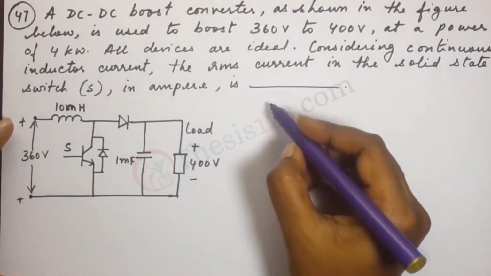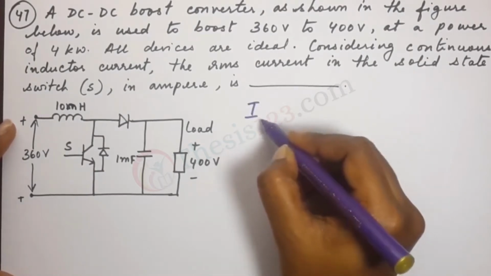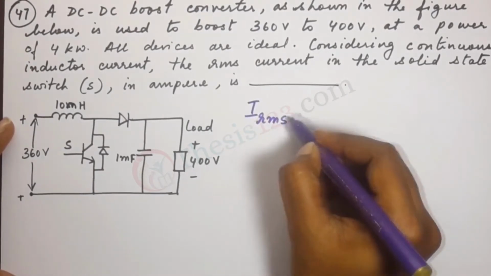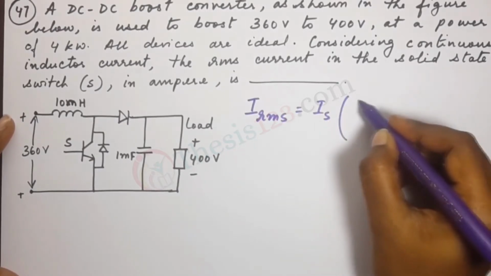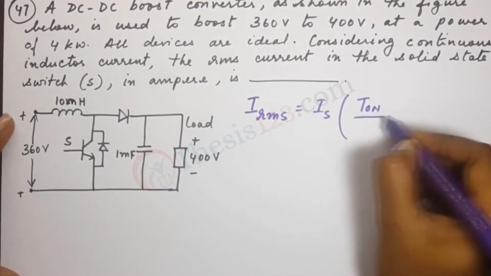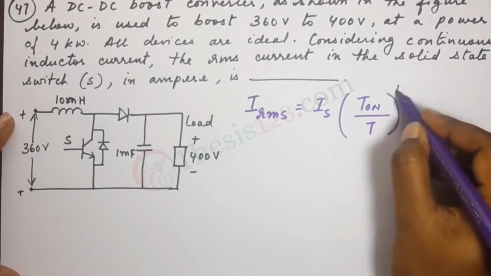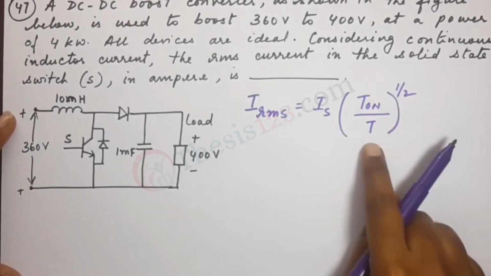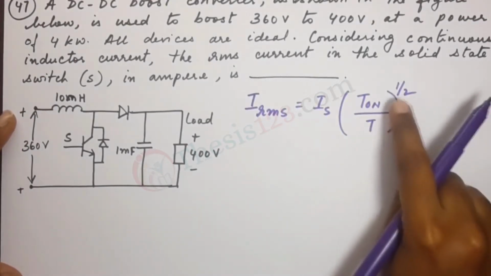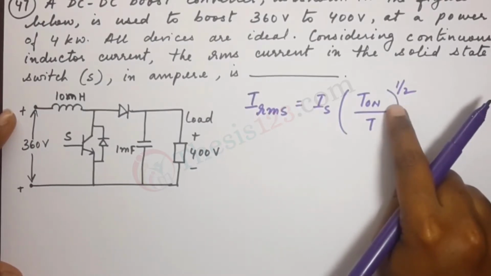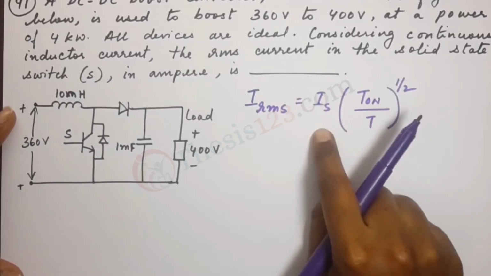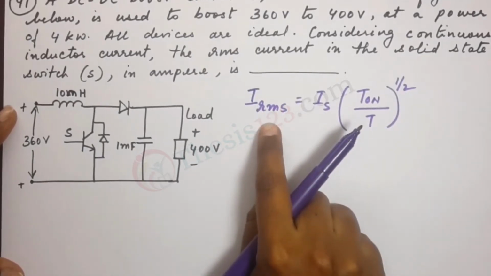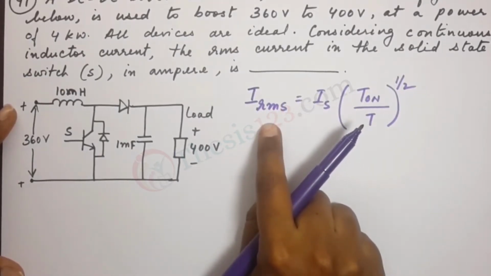Okay, so we have a relation here. IRMS is equal to IS times T on divided by T to the power of 1 by 2. This is the total time interval T. T on is when the switch is on. IS is the source current, and IRMS is what we are supposed to find out.